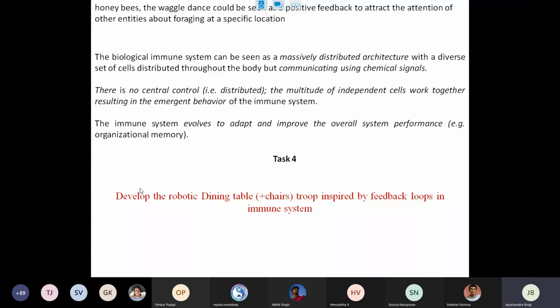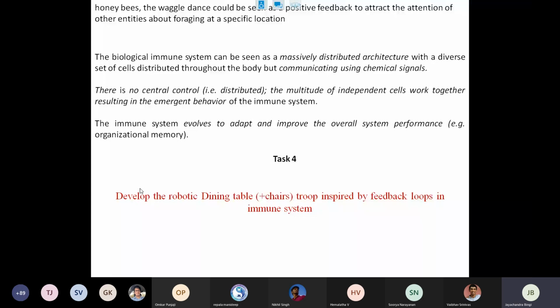Biological immune system can be seen as a massively distributed architecture with a diverse set of cells distributed throughout the body but communicating using chemical signals. So one neuron is communicating with the other neurons. Here, one table should be communicating with the other tables and tables should be communicating with the chairs.